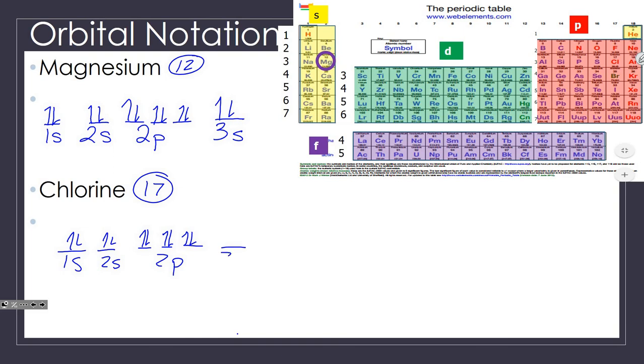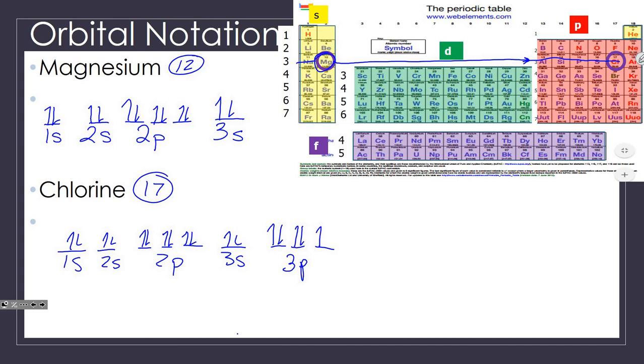So this is just magnesium, up to this point right here. Now we're going to go forward from this point to get to chlorine, which is right here. So we hit the 3rd level in the P. P has 3. We go 1, 2, 3, 4, 5 to get to it. Okay?